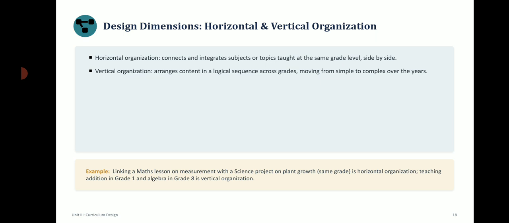Okay. So linking a math lesson on measurement with a science project on plant growth is horizontal organization. When the math measurement is related to the science project in the same grade, that is horizontal. Teaching addition in grade 1 and algebra in grade 8 is vertical organization. You understand?